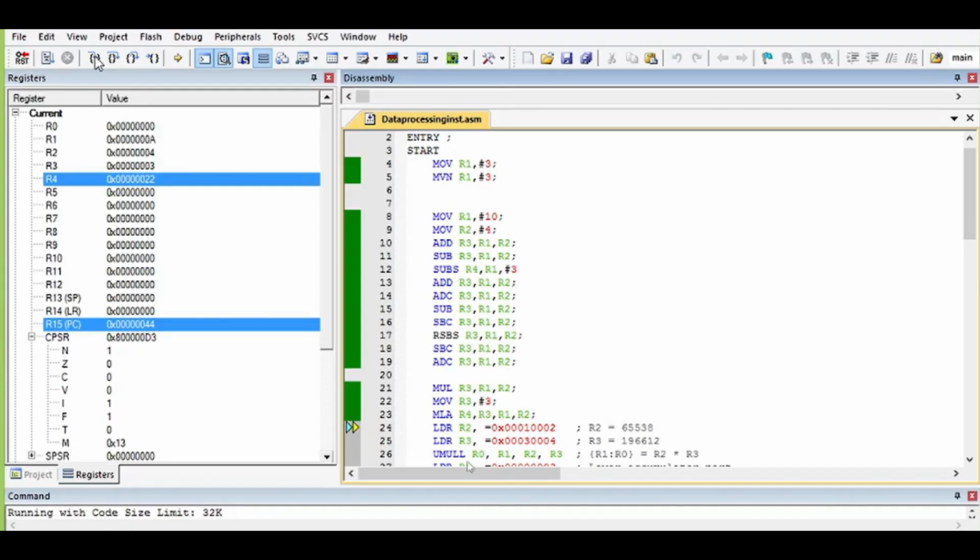Fine. So here we have an instruction called LDR R2, comma, equal to something. This is a pseudo instruction. Whenever we want to take a large value which cannot be taken using the move instruction, then we use LDR, register name followed by equal to and the desired number. This instruction is called a pseudo instruction because this value is not directly copied to the given register.